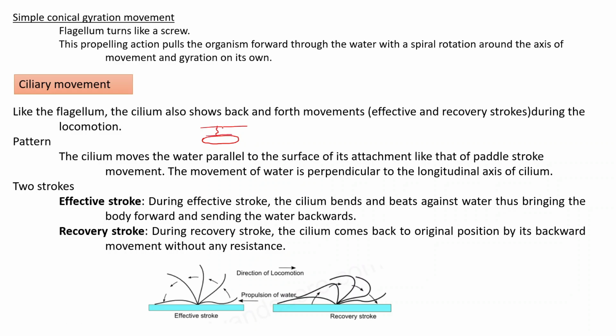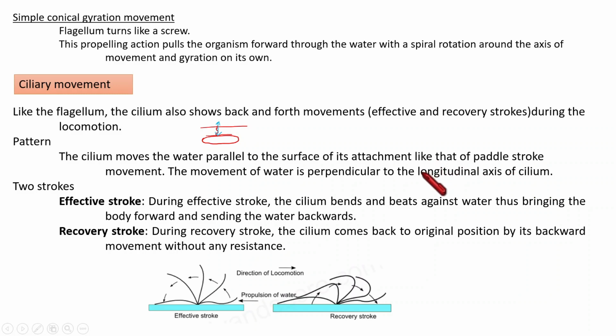So the movement of water is also parallel to the point of attachment of the cilia, and that movement is again perpendicular to the longitudinal axis. The longitudinal axis is this one. So that movement is perpendicular to the longitudinal axis of the cilium.